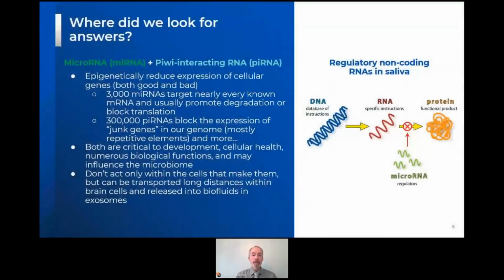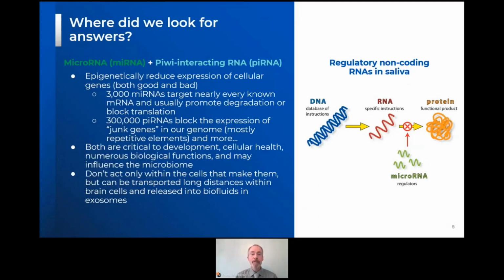So where did we look for answers? Approximately 10 years ago, we began to explore the potential for 2 classes of epigenetic molecules to play a role in ASD. These include microRNAs and Piwi-interacting RNAs, or piRNAs. There are thousands of these in the genome, as this slide illustrates, and each one of these plays a role in silencing elements of the genome.